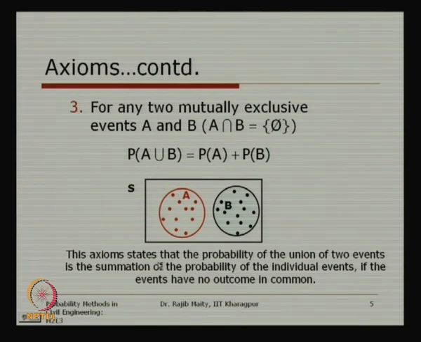So, this axiom states that the probability of the union of two events is the summation of the probabilities of the individual events if the events have no outcome in common. If the events have no outcome in common, that means there is no overlap between these two events, as shown in this Venn diagram; the intersection between the two events is a null set.